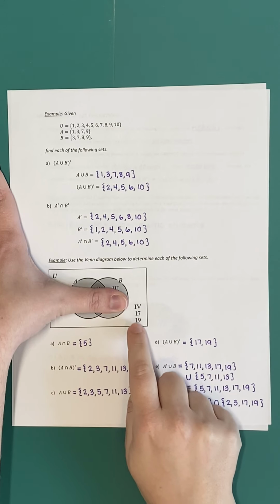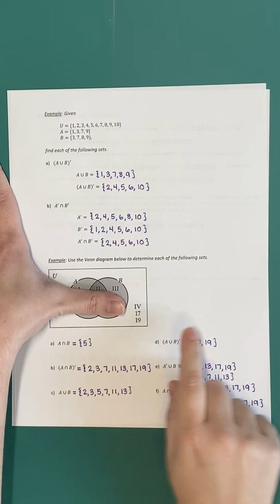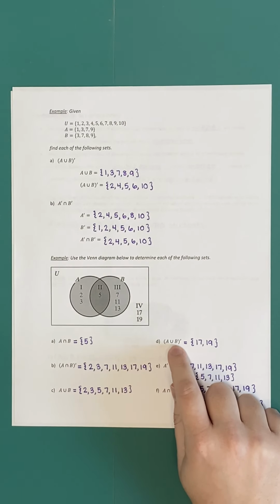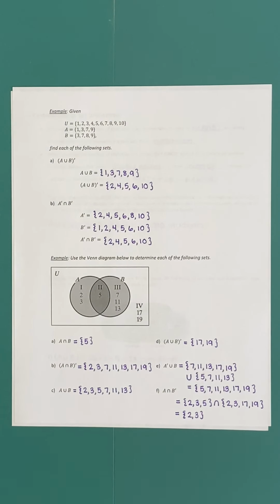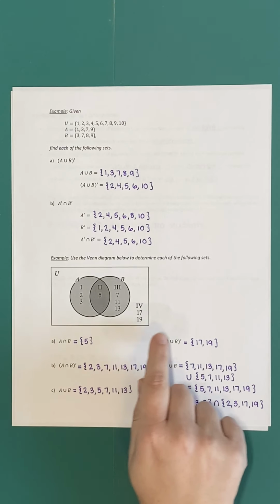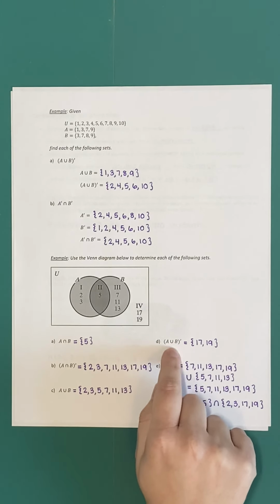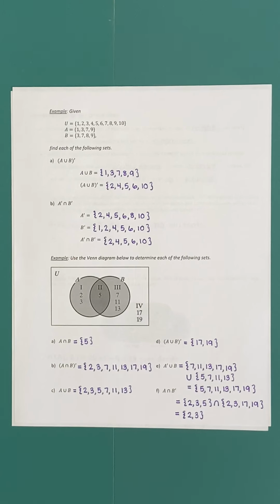So in this case, 17 and 19. So A union B complement, if we want to describe what that represents, everything that's in the universal set outside of the circles. So anything that's in the universal set that wasn't grouped into A or B, this is the way we describe that particular set of elements.